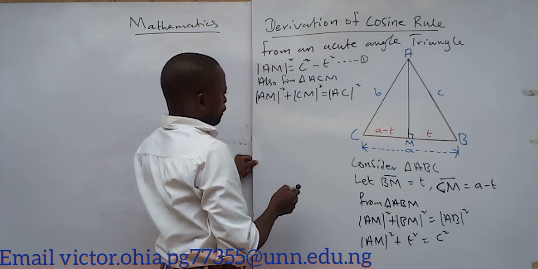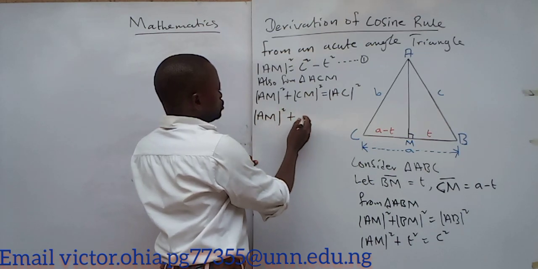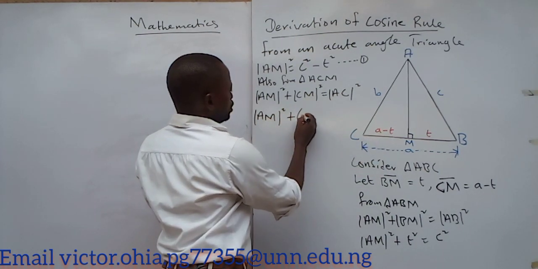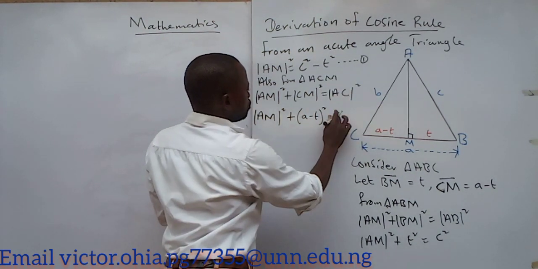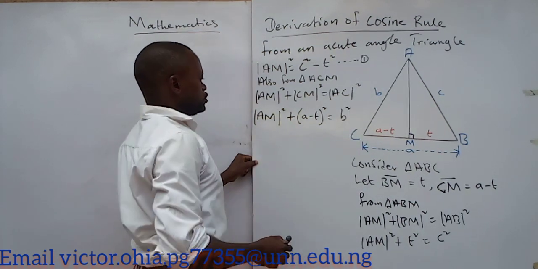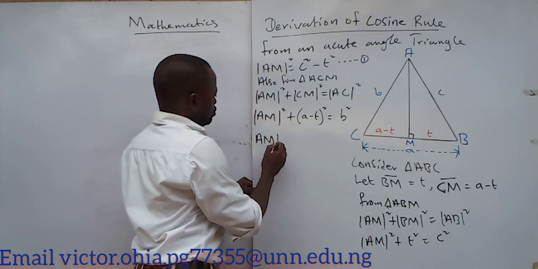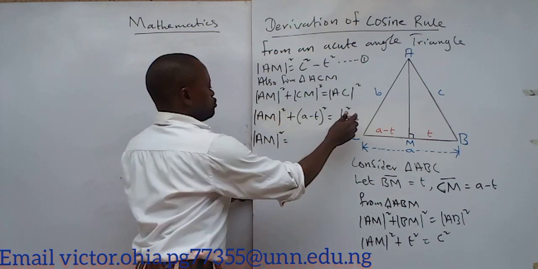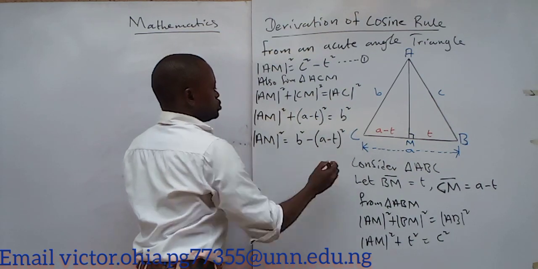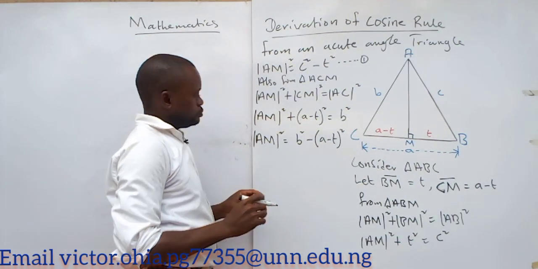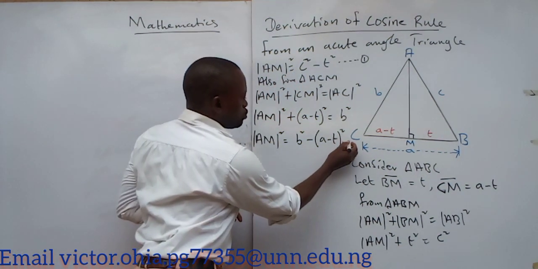Now we have AM squared plus (A minus T) all squared is equal to AC squared, which is B squared. So AM squared equals B squared minus (A minus T) all squared. Do you follow? Let me call it equation 2.